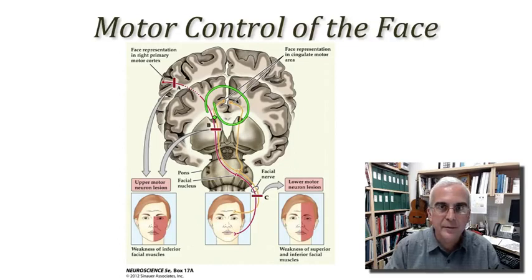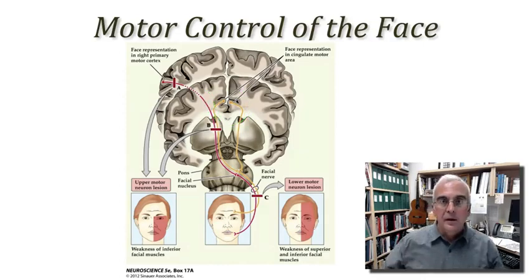So next time you see a person's face, think about these differential regions of the lateral precentral gyrus and the more medial cingulate motor area as they govern the integrated expression of emotion and other behaviors that we express with our face.